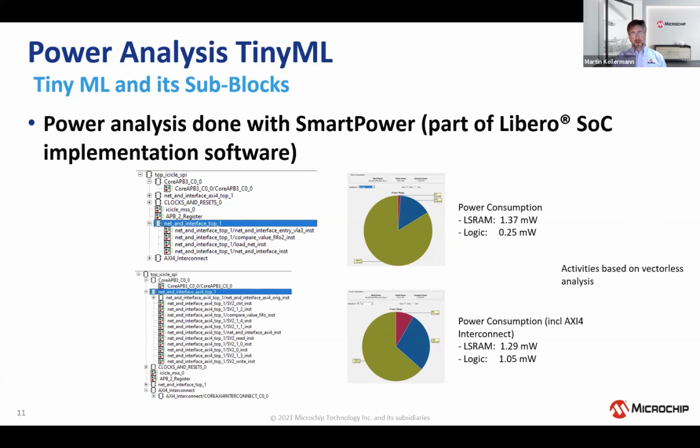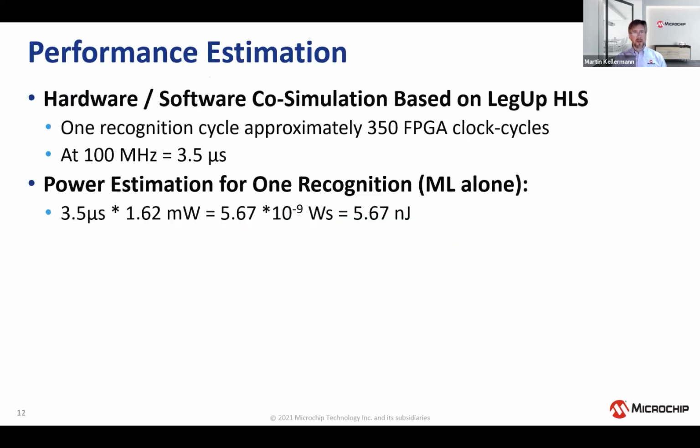If I now do the calculation on how much power actually is used and how long it takes, it's pretty impressive. The recognition cycle, that's something that I then did in a co-simulation using Mentor tools, the ModelSim simulator. It showed me that here at 100 megahertz, where I can easily run this net, it took about 350 clock cycles for one recognition, which equals 3.5 microseconds.